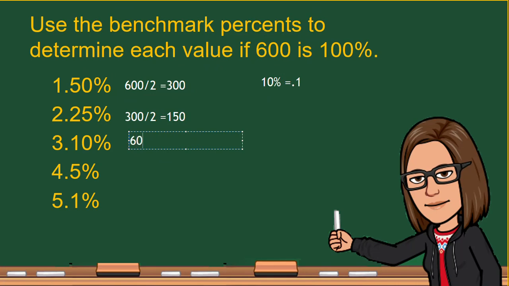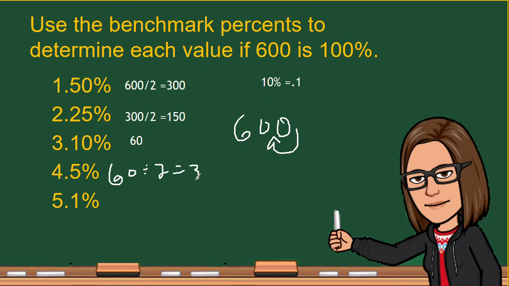Basically, I looked at the number 600, and I knew that I am moving my decimal place only 1 place to the left, which would go right here, and that's how I got 60. Now half of 10% is 5%, so I'm just going to go 60 divided by 2, which is 30. We're not doing percents on that one.